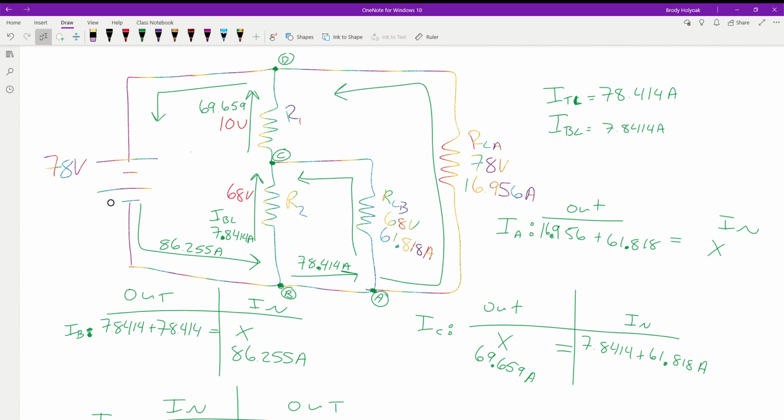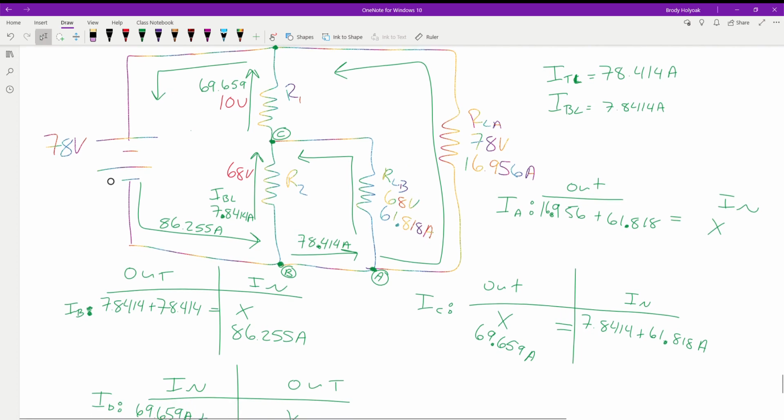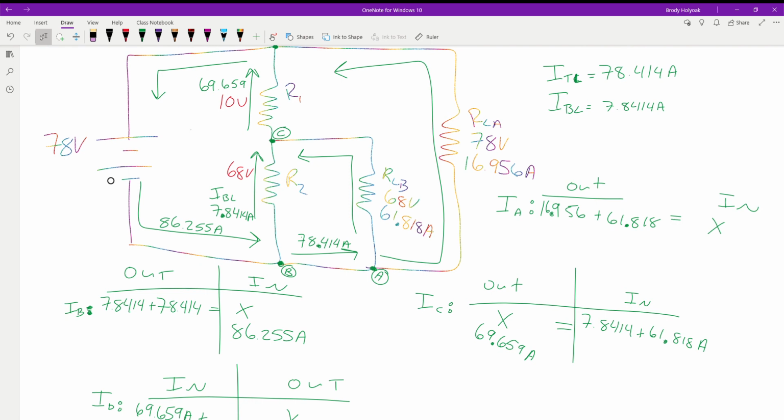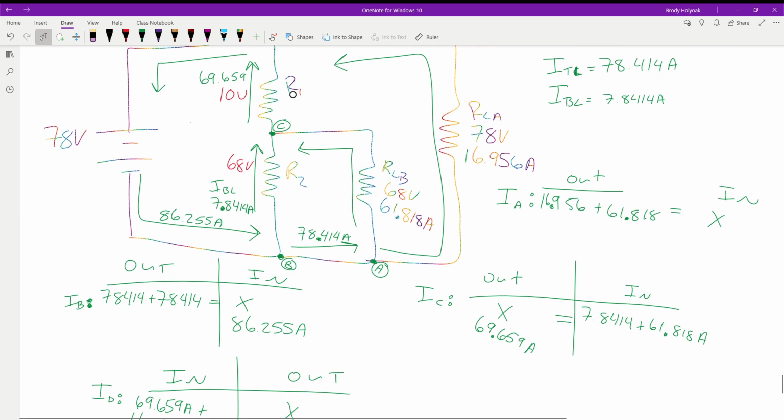This is supplying it. These guys are using it. So when we come to the end, we can solve for these values for R1. So R1 is going to be 10 volts divided by the 69.659 amps. And R2 is going to be 68 volts divided by the 7.8414 amps.